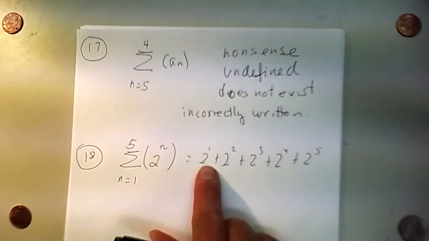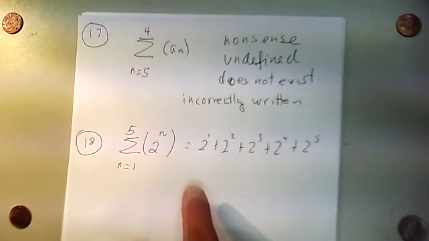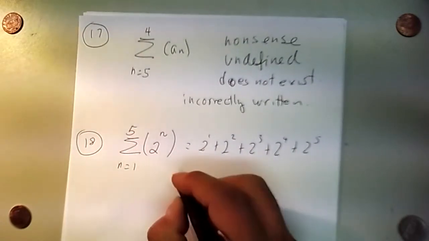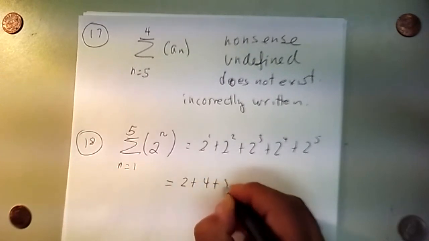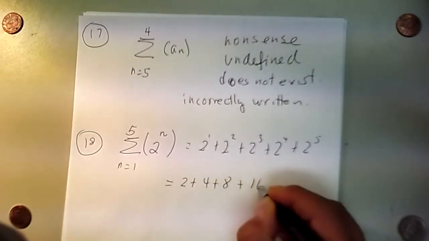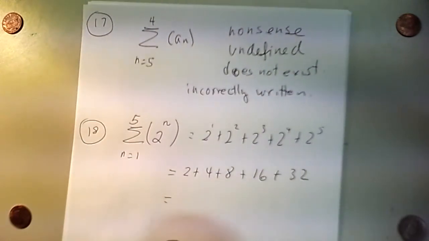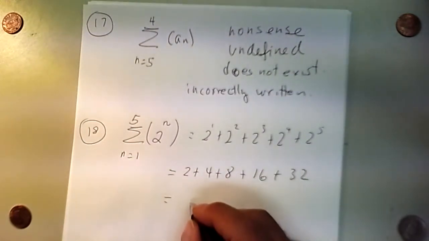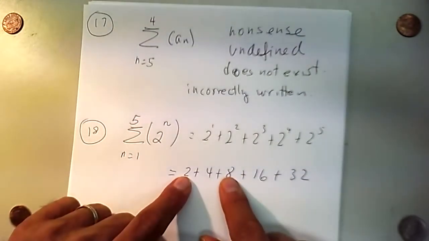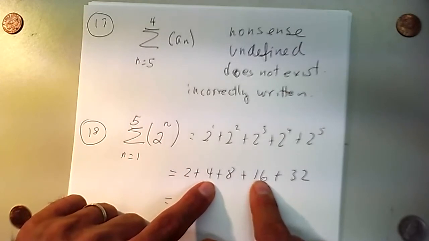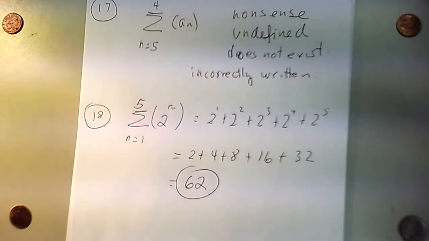Start with 1 and end with 5, and move up with consecutive integers. So that is going to be 2 plus 4 plus 8 plus 16 plus 32, and we just add those numbers. I'm going to guess that is 62. Let's see, those two are 10, those two are 20. So that's already, yeah, 62. So that is our final answer for that.